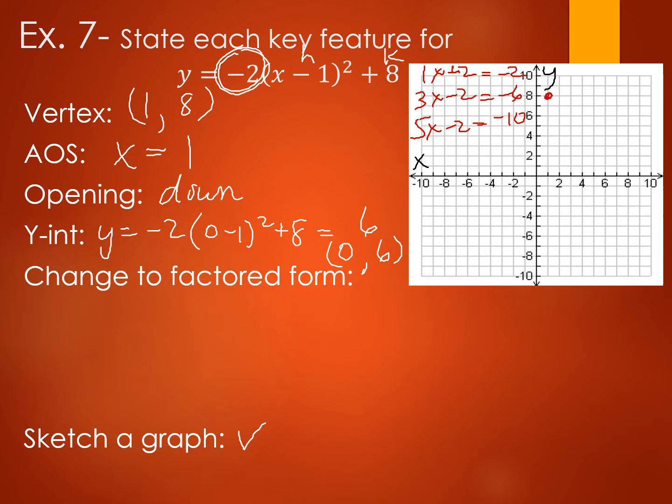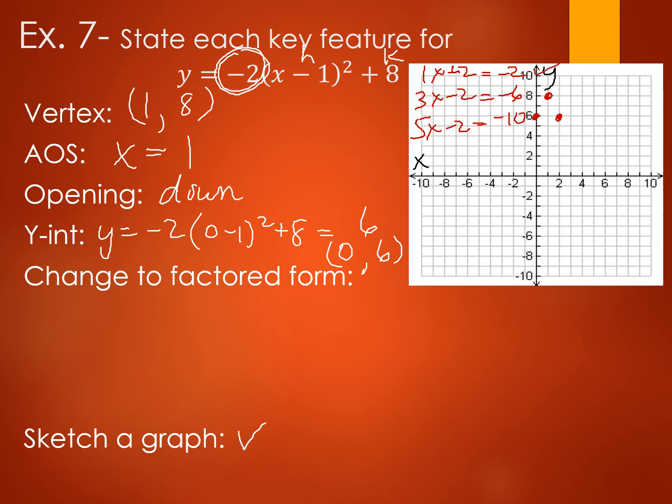Now, last time they were positive, which meant go over 1 and up. Because they're negative, instead of going up, we're going to go down. So instead of going over 1 up 2, we're going to go over 1 down 2. And if you look now graphically, my y-intercept is 6. I've already backed up my algebra from the y-intercept portion with my graph.